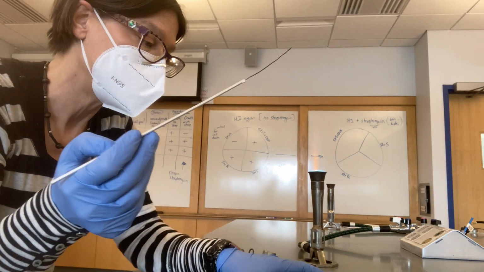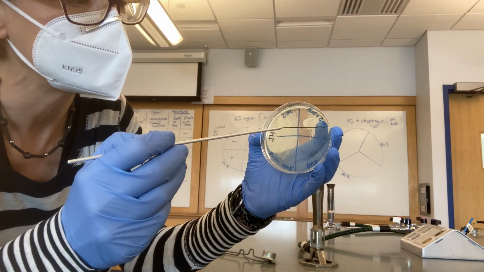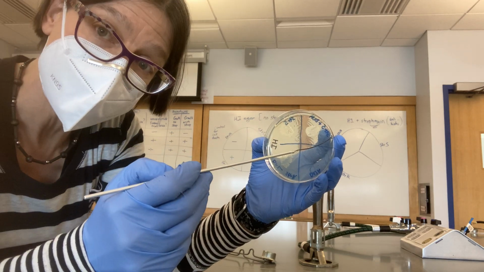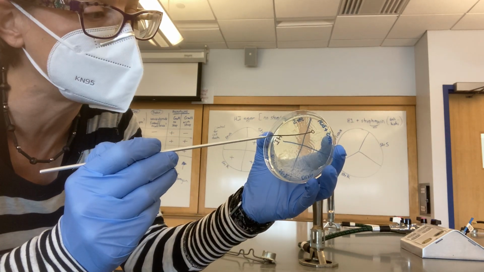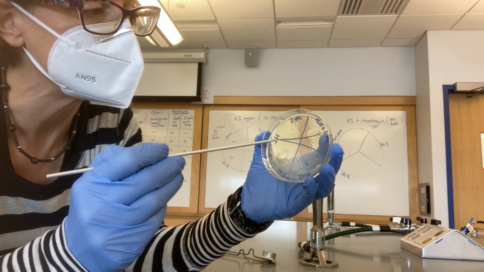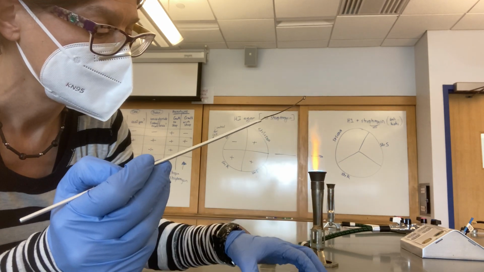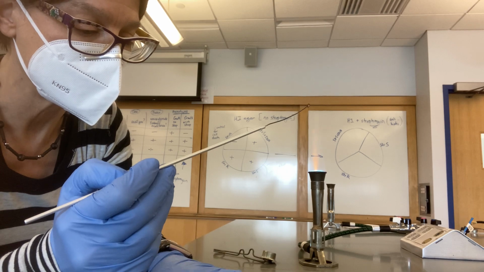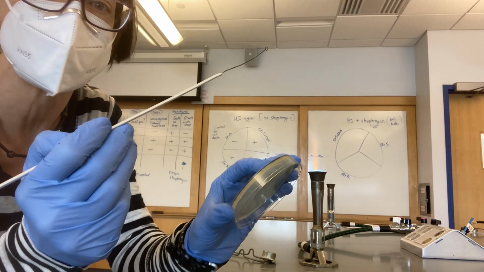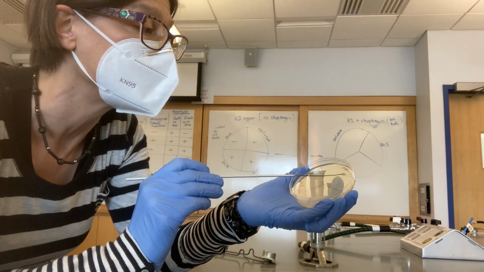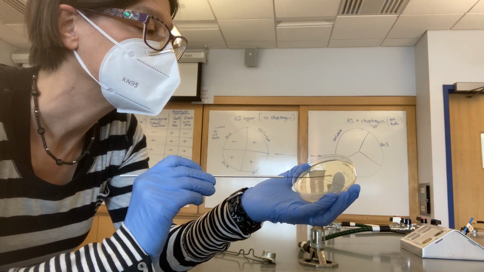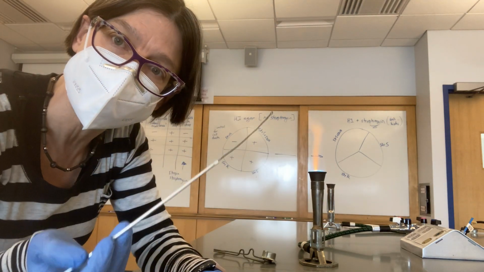Go in, cool the loop, because the hot loop would kill everything, which would kind of ruin my experiment. I'm going to scoop up some cells and transfer them to the appropriately labeled third of the plate. Wiggle, wiggle, wiggle. Sterilize again.